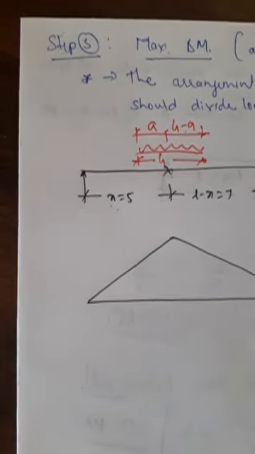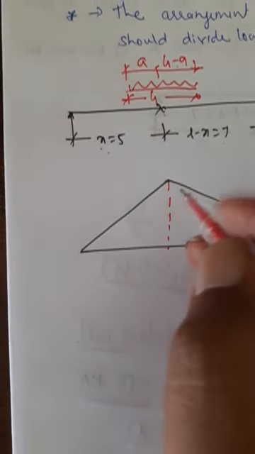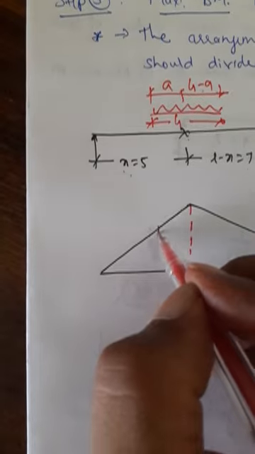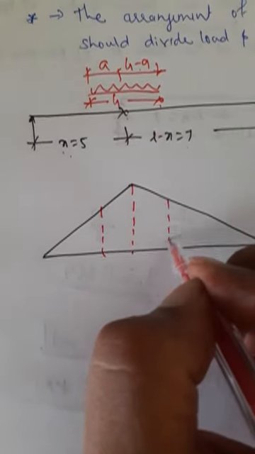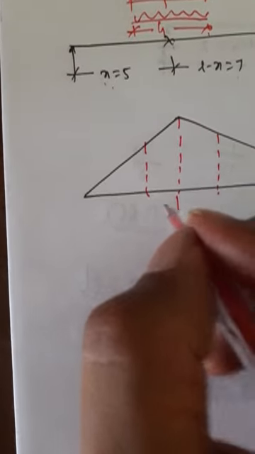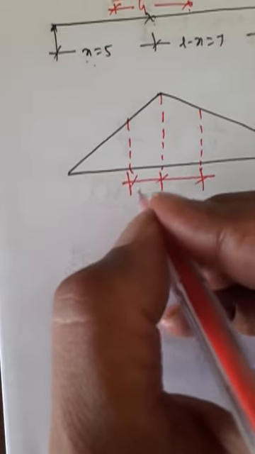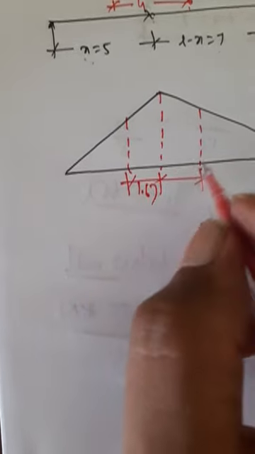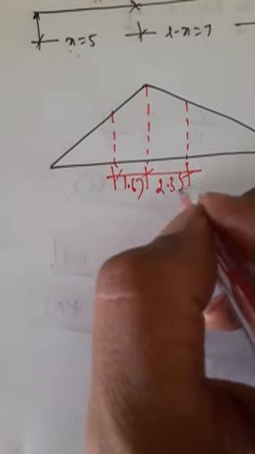So once you have placed the loads, I have to find out this ordinate, this ordinate, this ordinate. So this dimension is given. This is 1.67. This is 4 minus 1.67, that is 2.33.